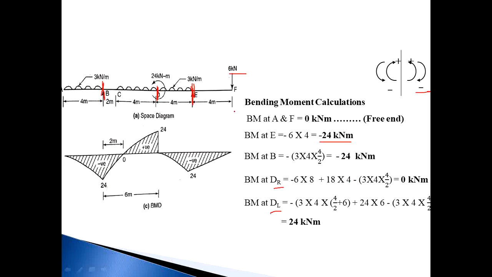Then next the UDL, the intensity of the UDL is 3 into length of UDL 4, and it acts at 4 by 2, equal to 0. Then next consider the left side of the section.